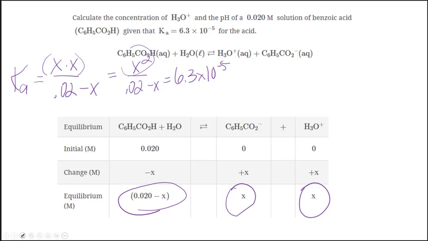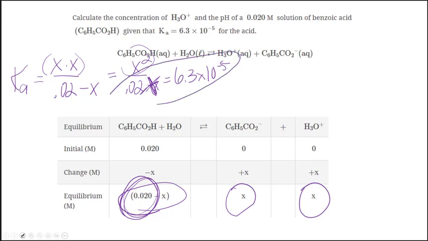I then took 100 times my Ka value, and that would be 6.3 times 10 to the negative 3, and that's nowhere near that initial concentration, so I'm going to pretend that that does not exist, leaving me with x squared over 0.02.